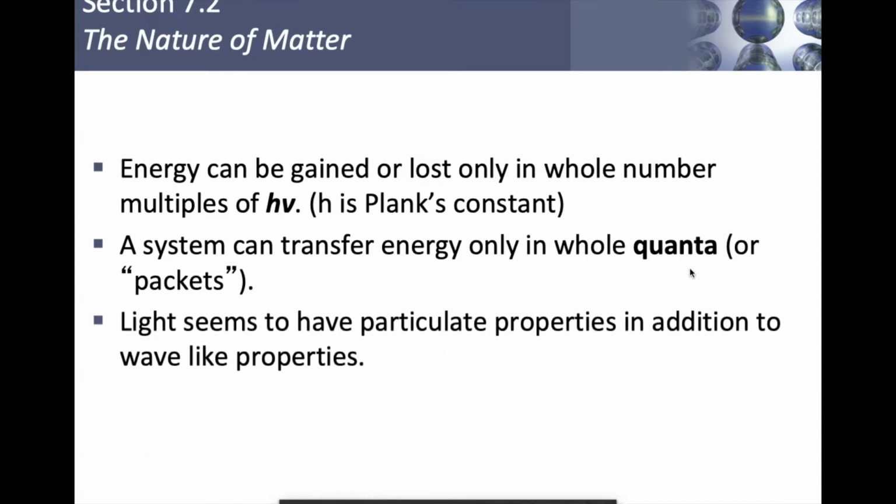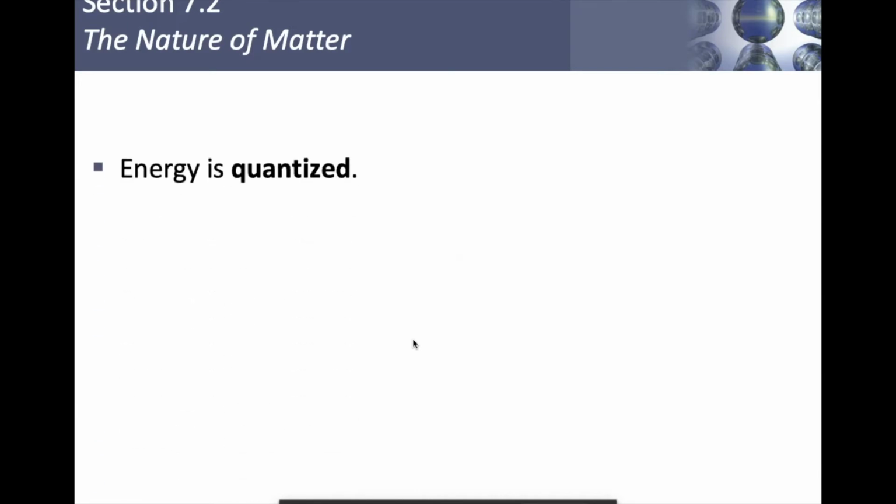Keep in mind, though, that even though we're looking at it like it's a whole little piece, light seems to have not just particle-like properties, but it also has wave-like properties, like we just talked about with that wave demonstration. So again, tons of weird stuff happens when we talk about the nature of matter and the nature of light.